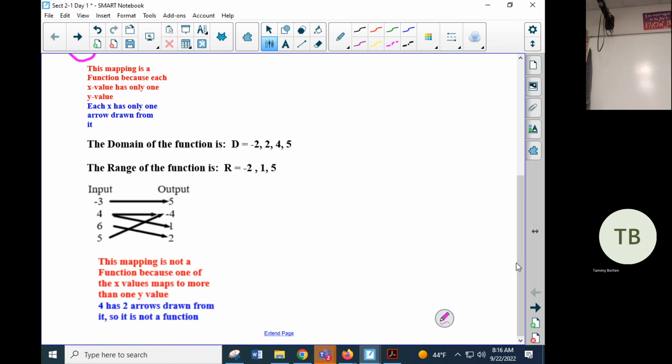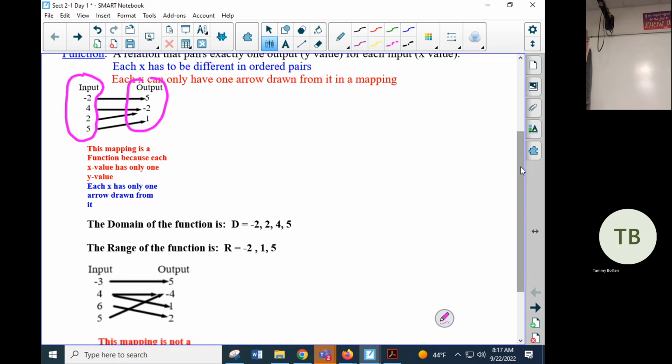Here is a domain and a range for this. Okay. Typically, when you list a domain and a range, and again, this isn't something you get marked wrong for, but typically, if you were given the domain, you would write them from smallest to biggest.